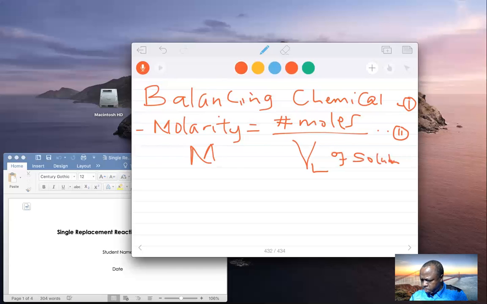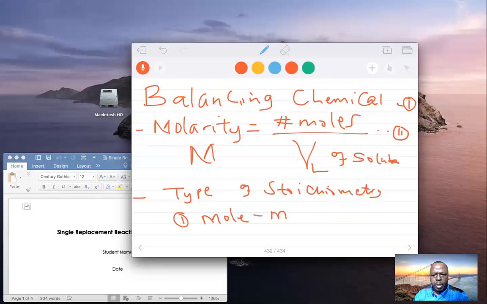You should be able to do these types of stoichiometry. There is mole to mole, which means you are converting from mole to mole using the balanced equation.